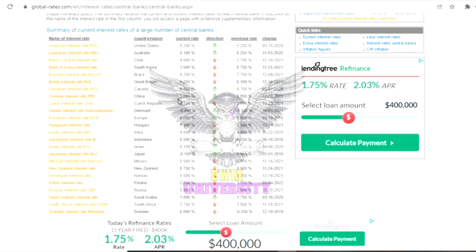So taking an interest rate differential of the Bank of England, which is 0.25%, and the Bank of Japan at negative 0.1%, the differential will be 0.15% in favor of the Bank of England.